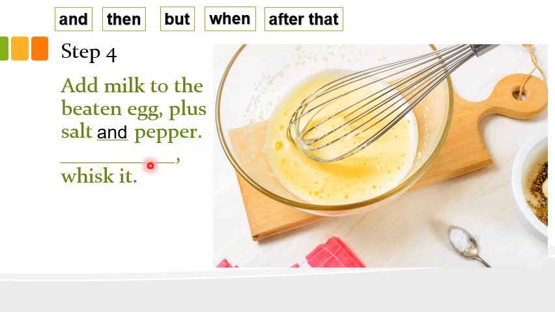Now it ends with a period, but we have a blank here. Blank, whisk it. It's a long connective word. What do you think it is? After that, add milk to the beaten egg plus salt and pepper. After that, whisk it.